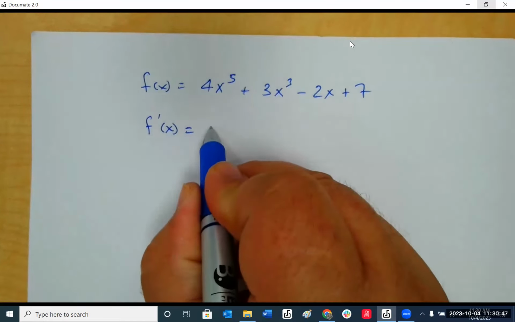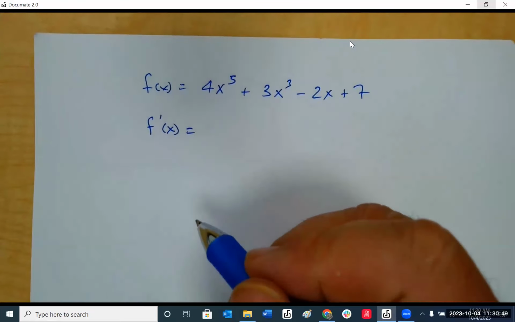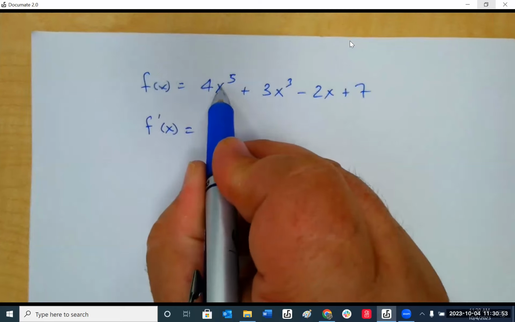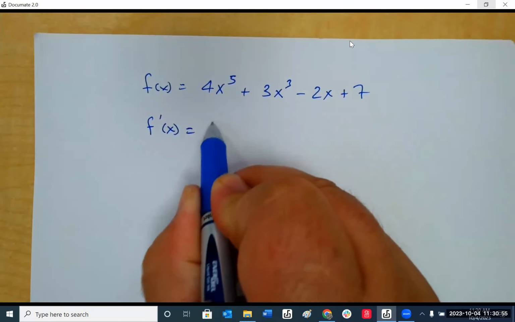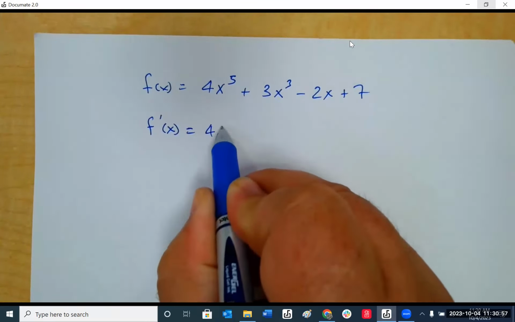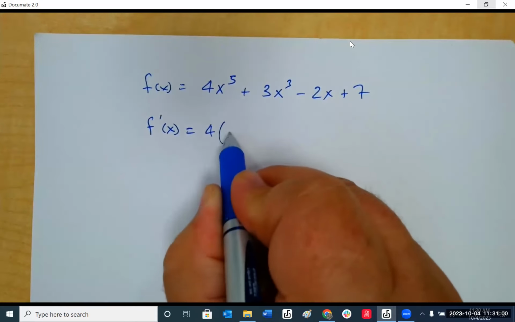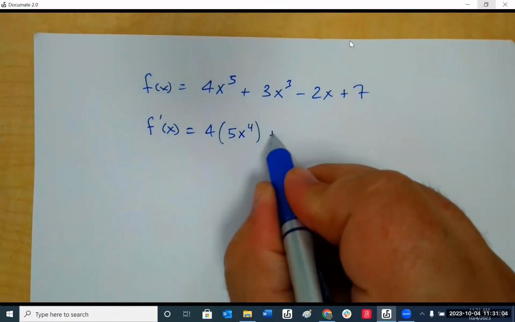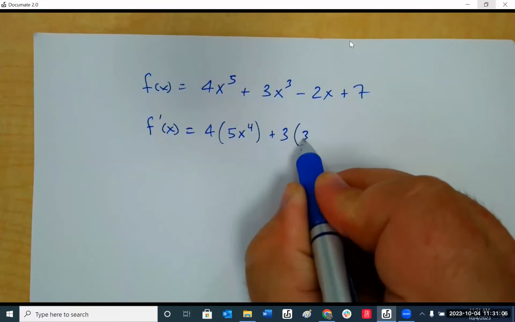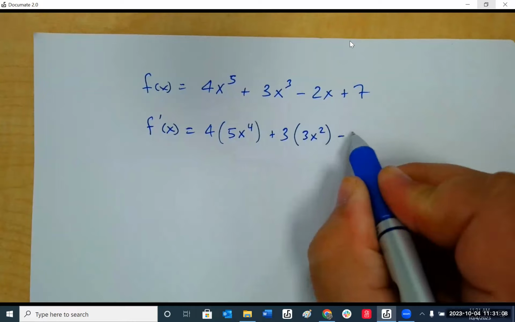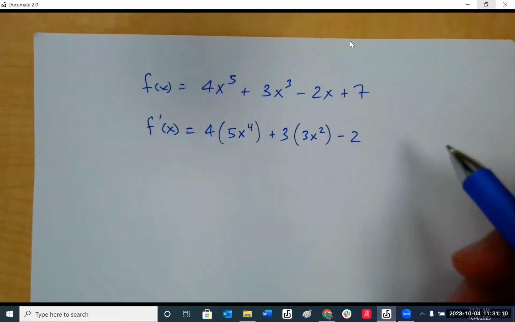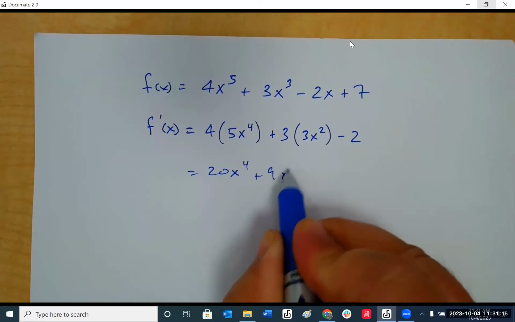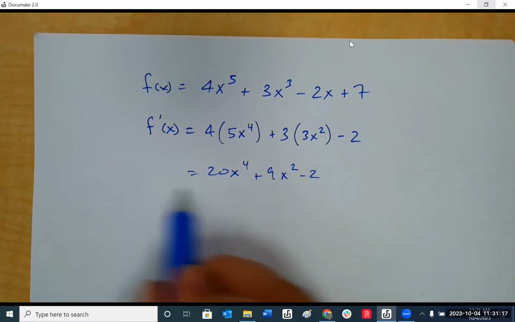What's the derivative of x to the 5th? The constant multiplies, so the derivative of 4x to the 5th is 20x to the 4th. Then plus 9x squared, minus 2. So it's going to be 20x to the 4th plus 9x squared minus 2, and that's the derivative.